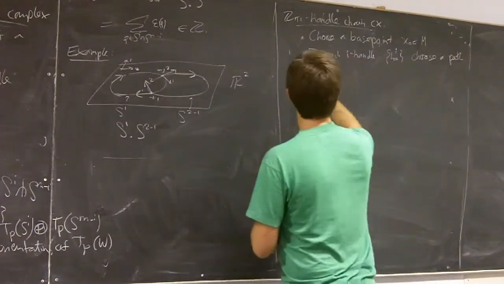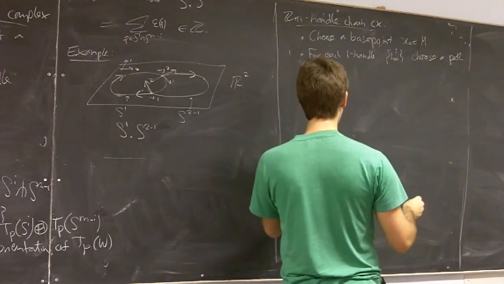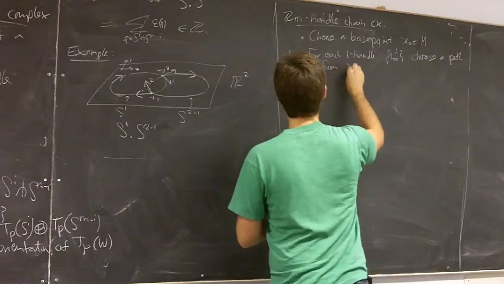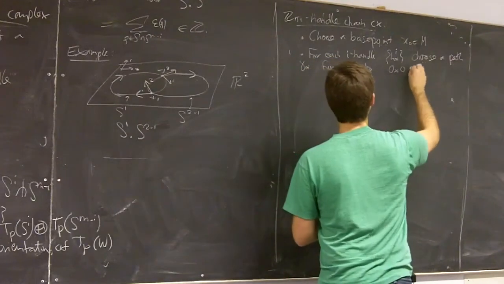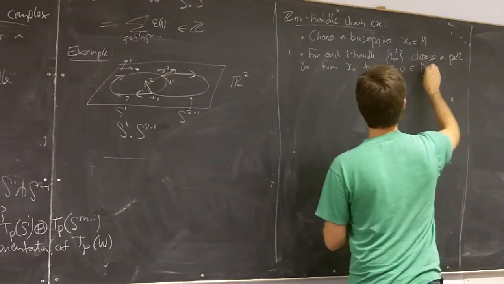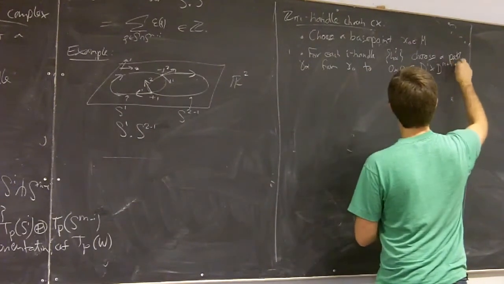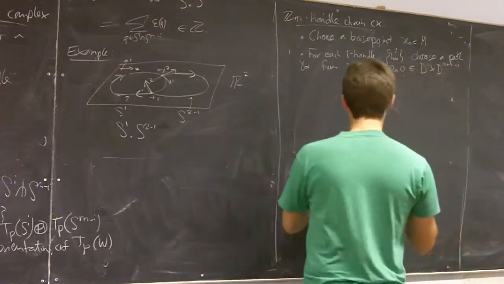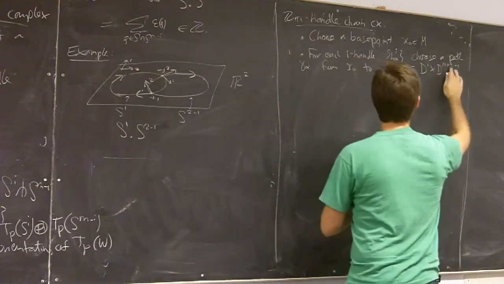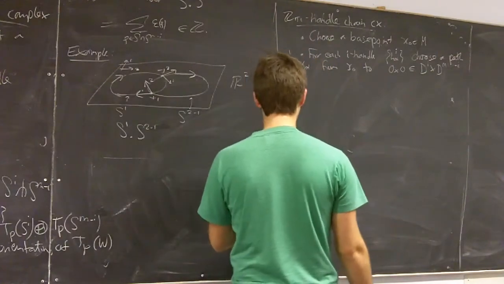So I'm going to call this gamma alpha for the I handle alpha, from the base point to 0 cross 0 in our I handle. So that was di cross d m minus I, I think it's m minus I. And that's called a threaded handle.